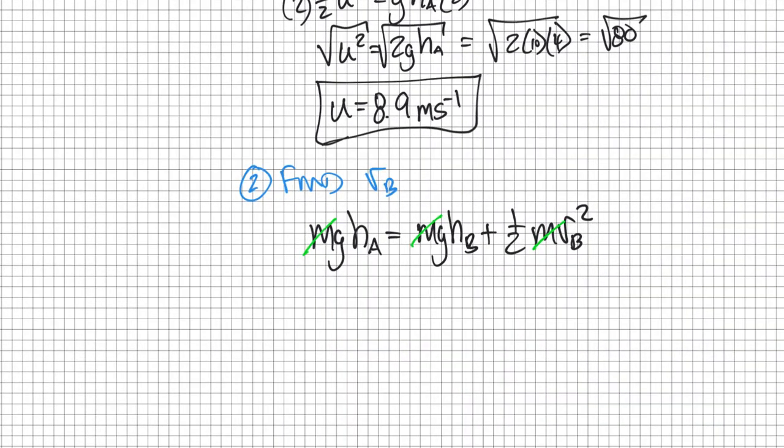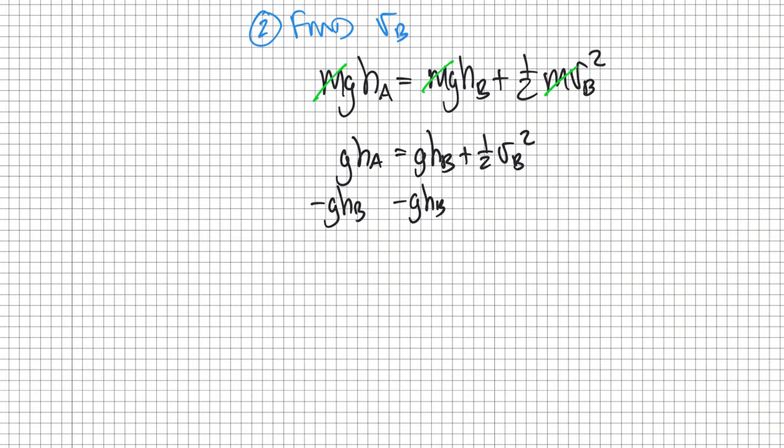And we get GHA equals GHB plus 1/2 VB squared. So I'm going to subtract GHB from both sides. And then I'm going to rewrite this as 1/2 V squared equals GHA minus GHB.